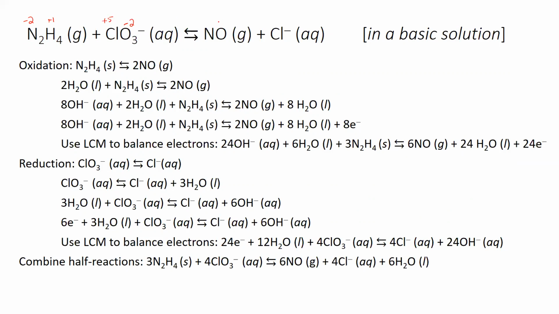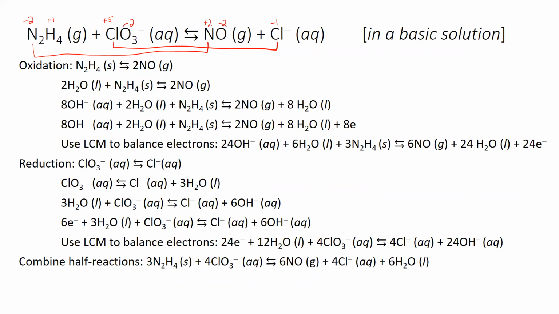Moving on to nitrogen monoxide, oxygen is -2, so each nitrogen must be +2. And our chloride has chlorine at -1 because that's the charge on our monoatomic ion. If we look at this now, we can see that the nitrogen changes its oxidation state and the chlorine changes its oxidation state.